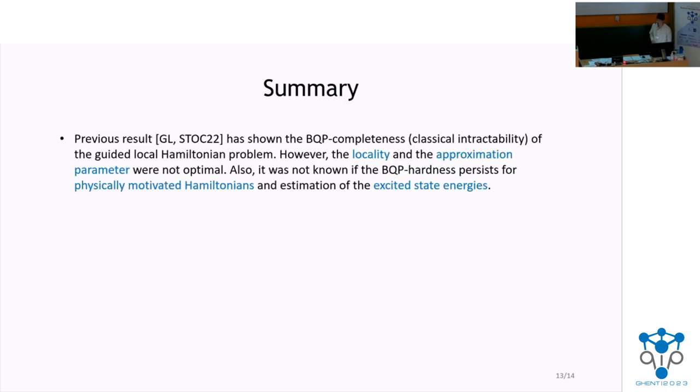So let me conclude our talk by giving a summary and conclusions. In the previous results, BQP hardness results were shown for 6-local Hamiltonians, but the locality and the approximation parameters were not optimal. And it was not known whether these results hold for physically motivated Hamiltonians and excited state energies.